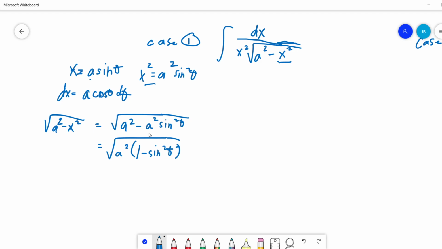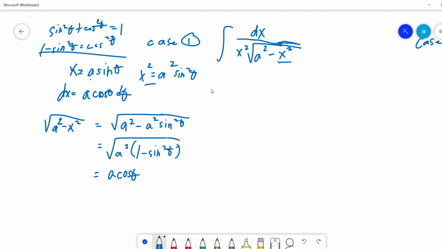Remember the Pythagorean identity? Sine squared theta plus cosine squared theta is equal to 1. So 1 minus sine squared theta is equal to cosine squared theta. By using that trigonometric identity, we have the square root of cosine squared theta, which is cosine theta.